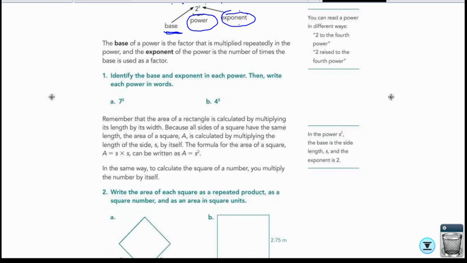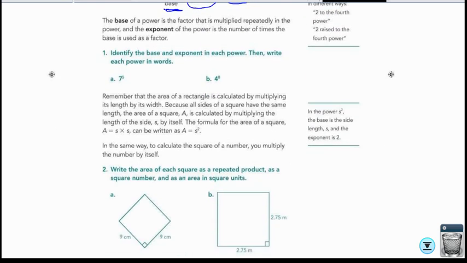When I look down at 1, let's see if we can remember this. It says identify the base and the exponent in each power, then write the power in words. Go ahead and try to do that. In this case, I'm going to write B for base is 7. The exponent, E for exponent, is 5.